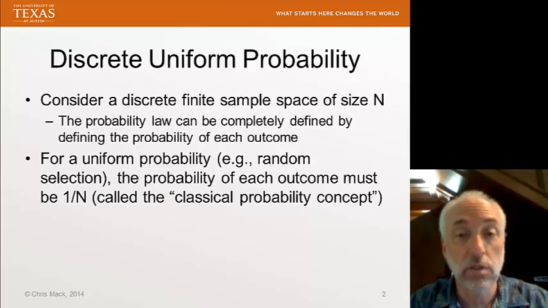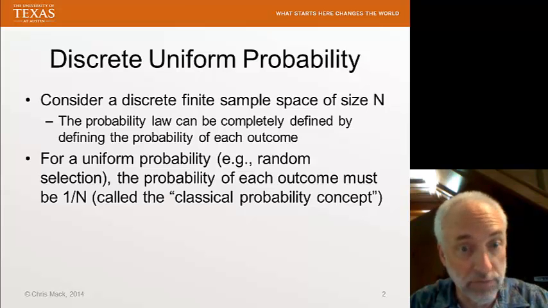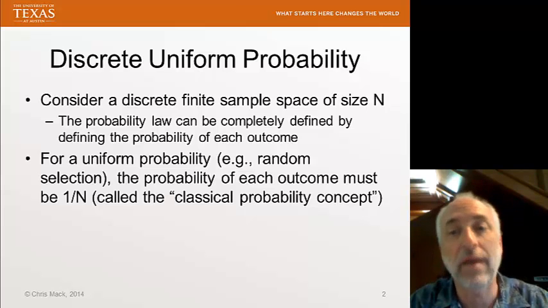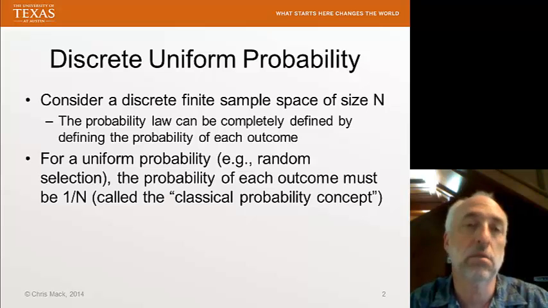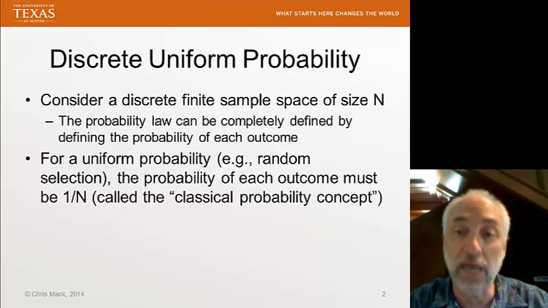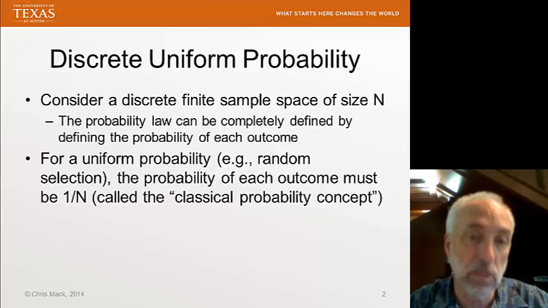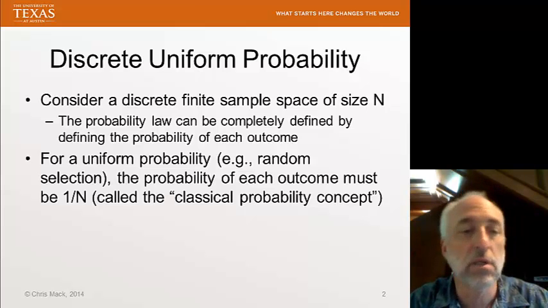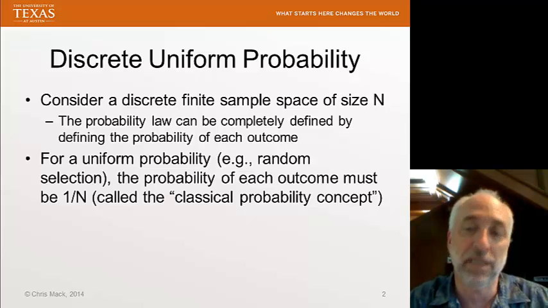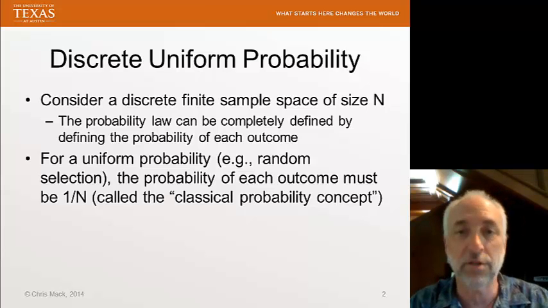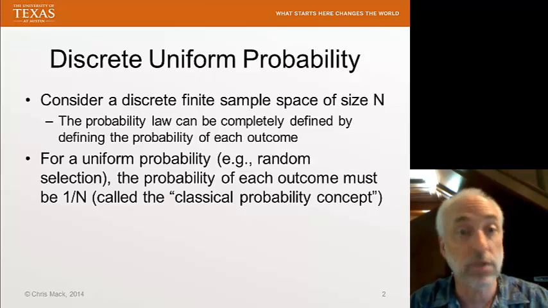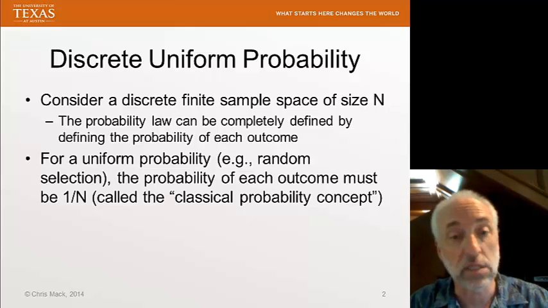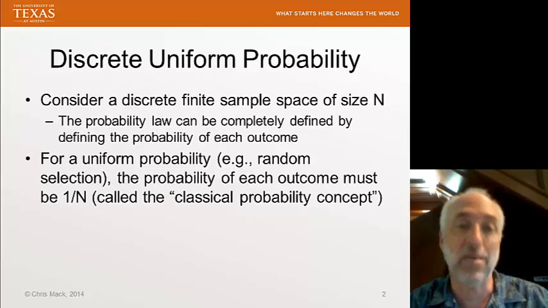And since the probability of the sample space has to be 1, that means the probability of any given outcome must be 1 over n. We call this the classical probability concept, and the reason it's classical is probability developed on the order of 500 years ago, 400 years ago, in its earliest stages, to describe gambling.